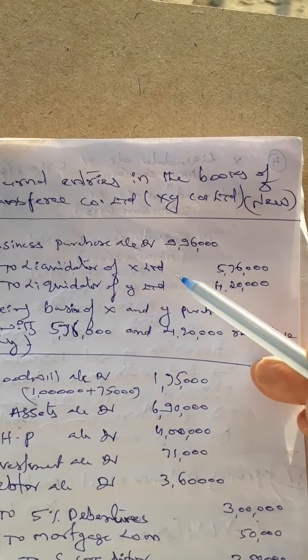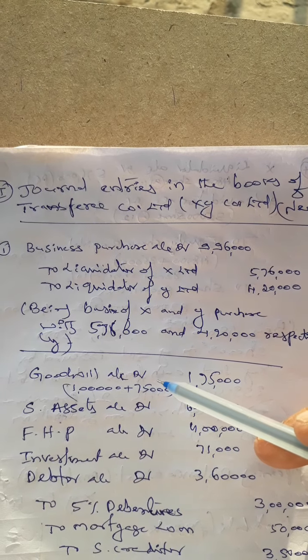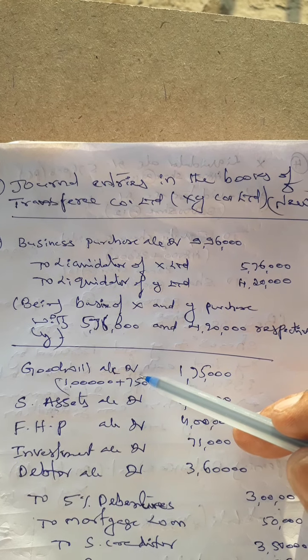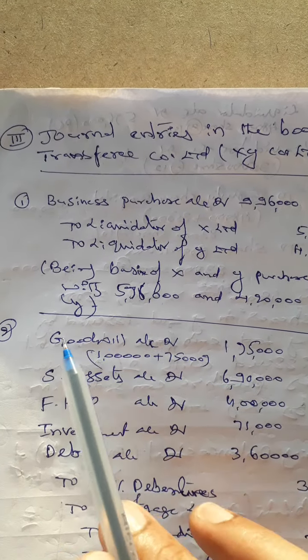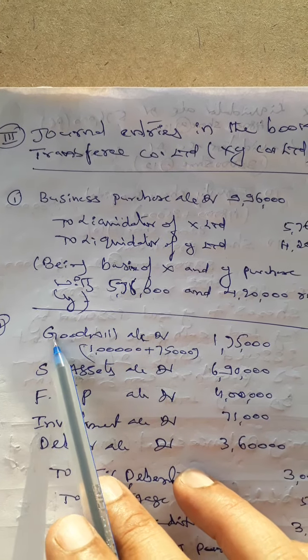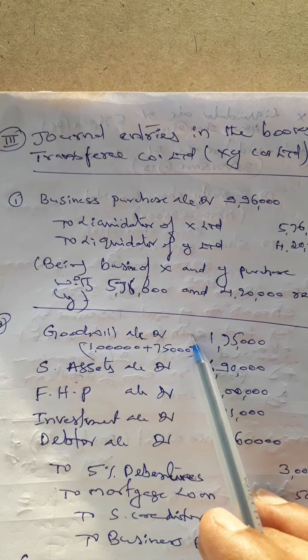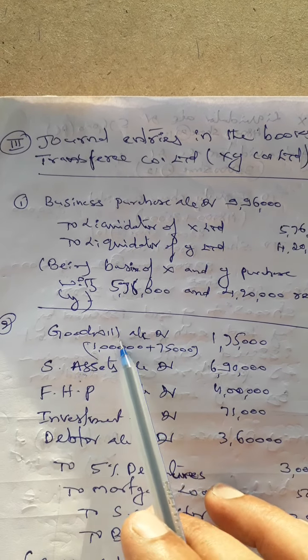After that, as part of this business purchase, we take over all the assets from X company and Y company, and all the outside liabilities also. This goodwill is not given in the old balance sheet of X and Y, so this assessed goodwill amount is given in the working notes.